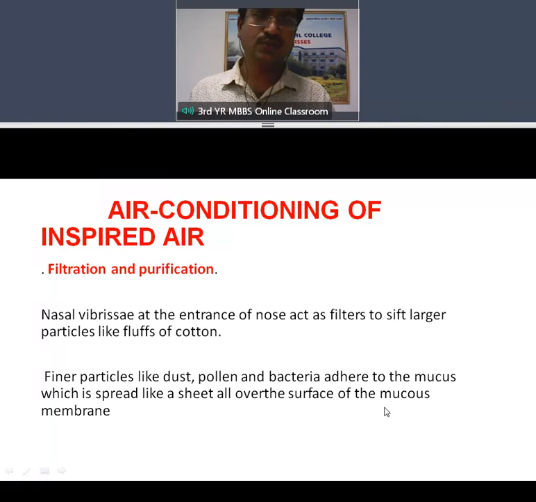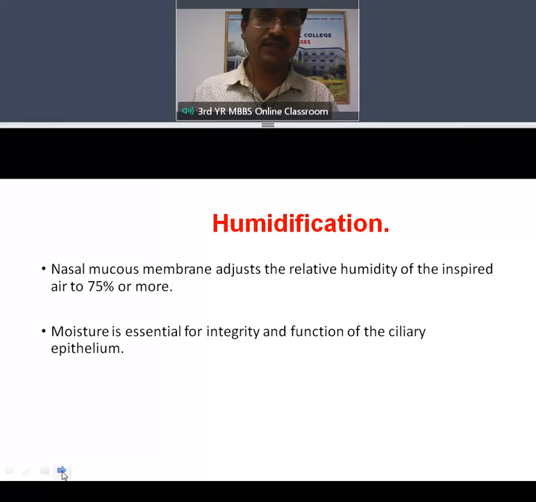By these two mechanisms, filtration and purification, air will be filtered within the nasal cavity. Filtration by the hair follicles is confined only to the vestibule of the nasal cavity.